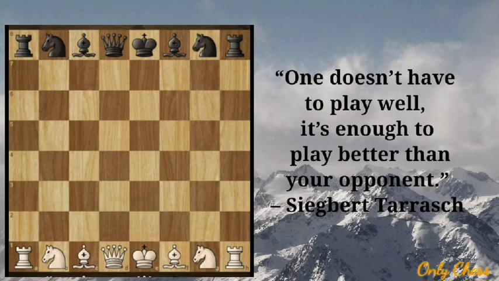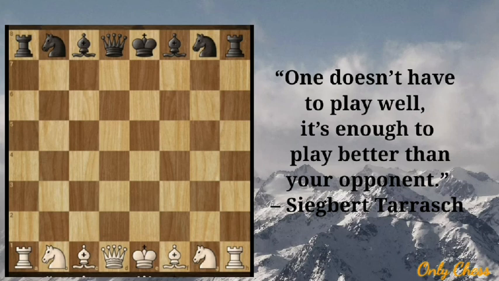The first rank and the 8th rank are the places where the pieces are placed, which include the minor pieces and the major pieces. The major pieces are the queen and the 2 rooks, and the minor pieces are the bishops and the knights. Now the 2nd rank and the 7th rank are usually occupied by the pawns.